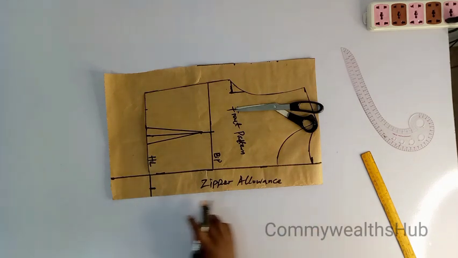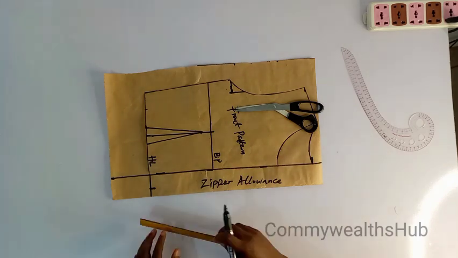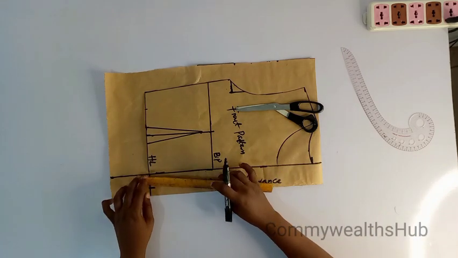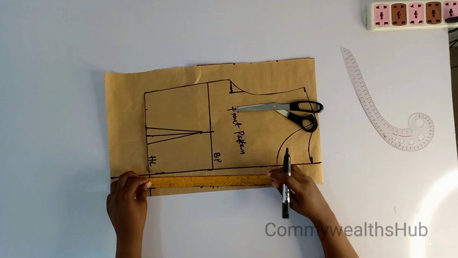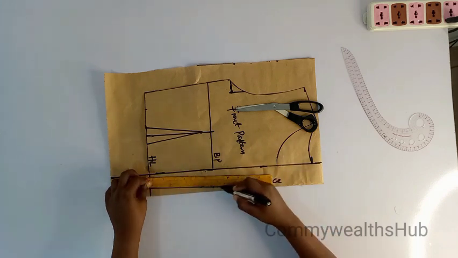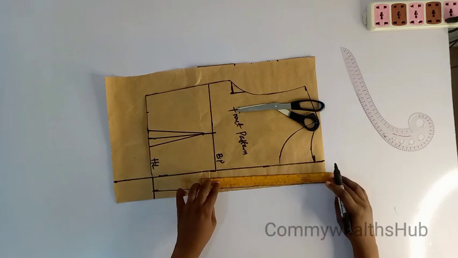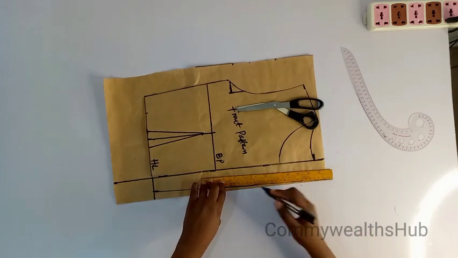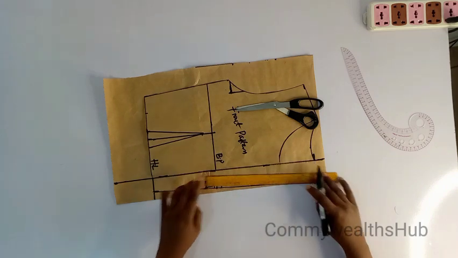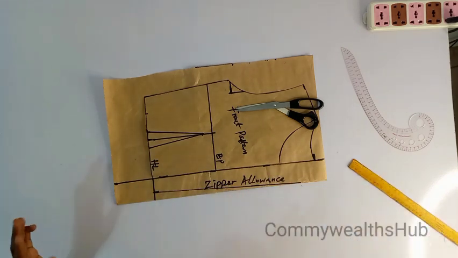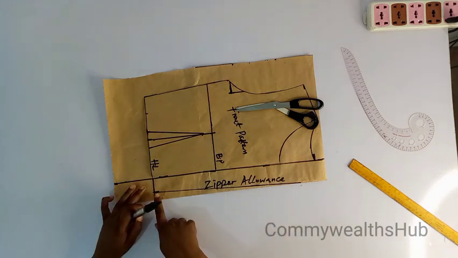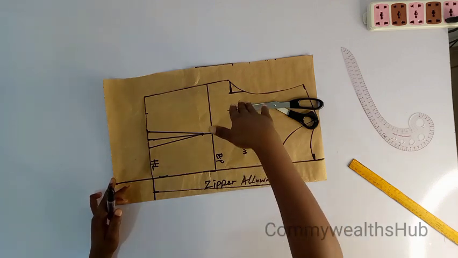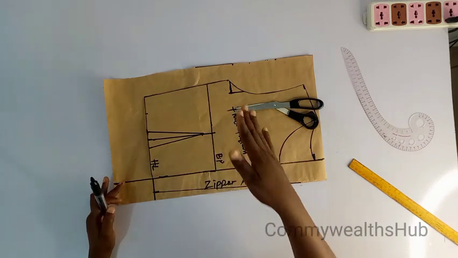Now after measuring it like this, I will take my ruler and slant it upwards. Don't forget that the back is not straight. That is why we need to create this effect. If you look at the back of a human body, you will notice that there is a point where the back goes inward like this because of the bum.